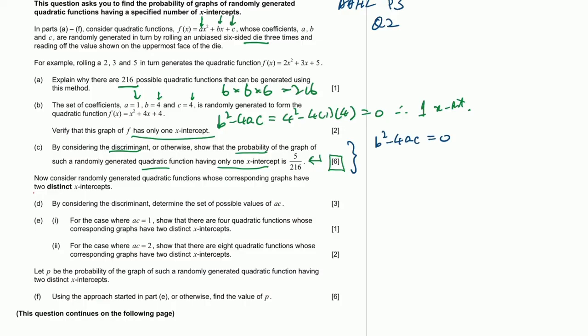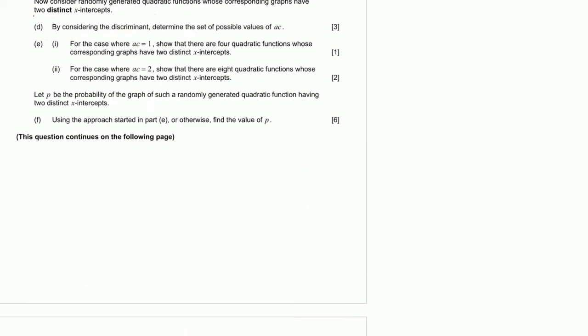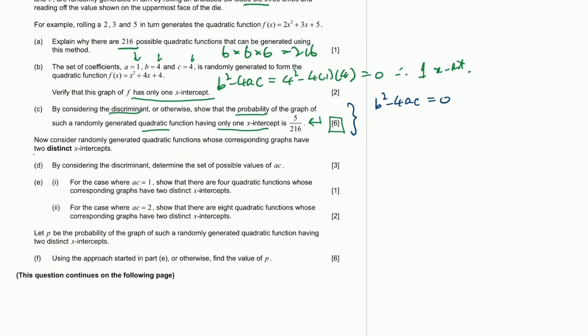The second important thing about this question is the fact that a, b, c can only be integers from 1 to 6. This turned out to be very important for the whole question. If you somehow didn't realize that, then you lose a lot of marks.